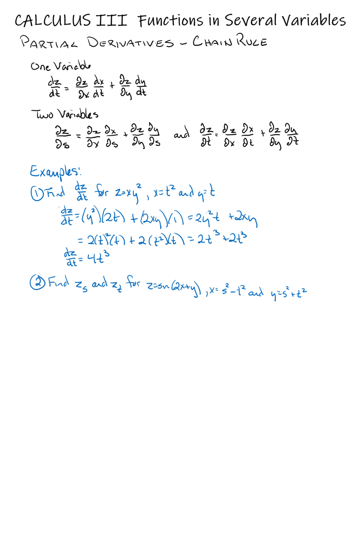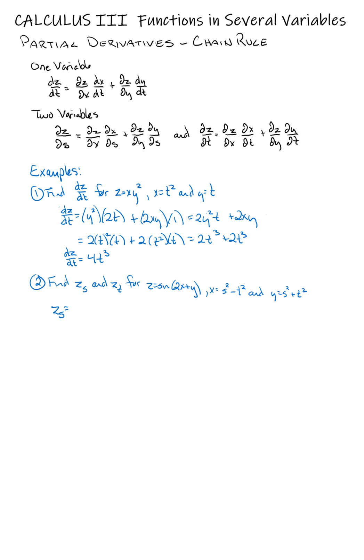All right, so let's start with the partial with respect to s. So again, notice z is a function of x and y, but x and y are functions of both s and t. So we have two variables here. Our variables are s and t.